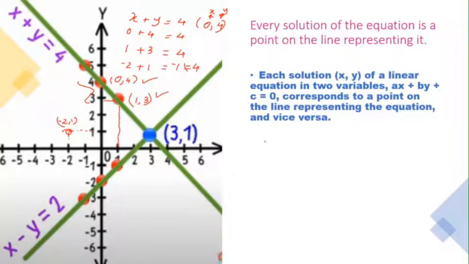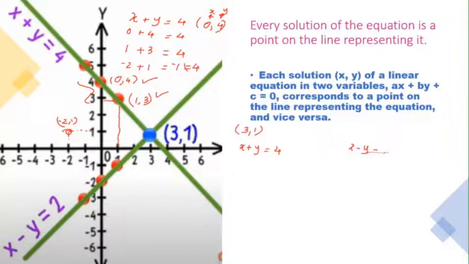What does that mean? Will this (3, 1) satisfy both the equations? Let us see here. So I am taking the point (3, 1). The two equations are x plus y equal to 4 and the other one is x minus y equal to 2.